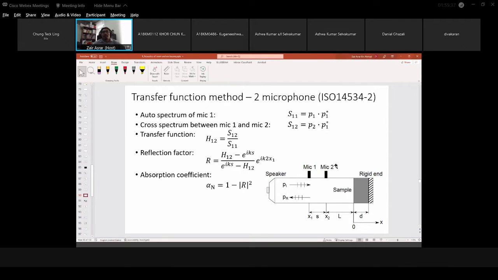Then we transform this sound signal into the frequency domain, and we calculate the transfer function H12 based on the cross spectrum between mic 1 and mic 2, and then we calculate the reflection factor and also the absorption coefficient of this material. All of these equations are dictated by the ISO document as well.